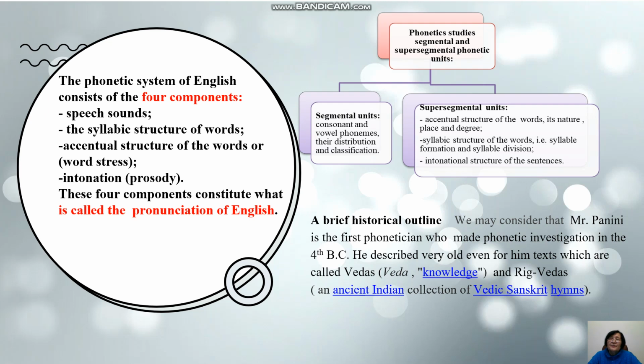Now you should remember the phonetic system of English consists of 4 components: speech sounds, syllabic structure of the words, accentual structure of the words, word stress, and intonation, or prosody. These 4 components constitute what is called the pronunciation of English.